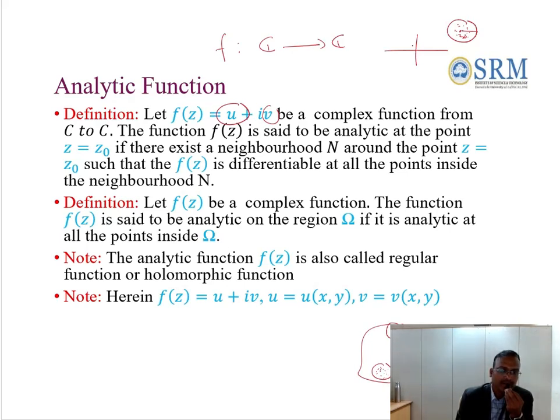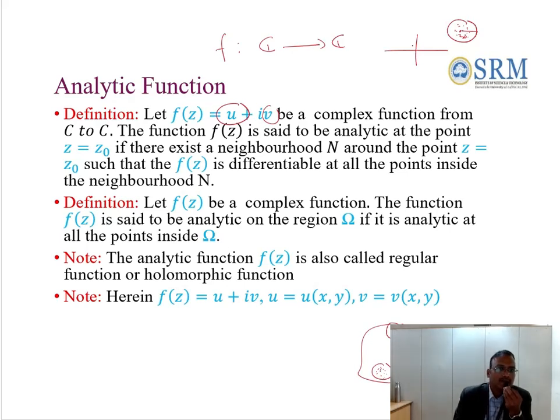If we take another point here, then we can find a neighborhood like this, and inside the neighborhood the function is differentiable. That is the meaning of the function being analytic on the region D. That means at every point inside the region, the function is analytic. That is the meaning. Right.